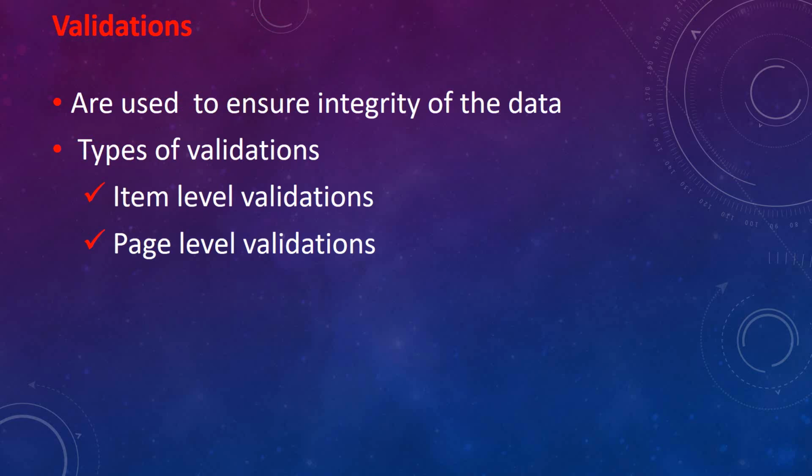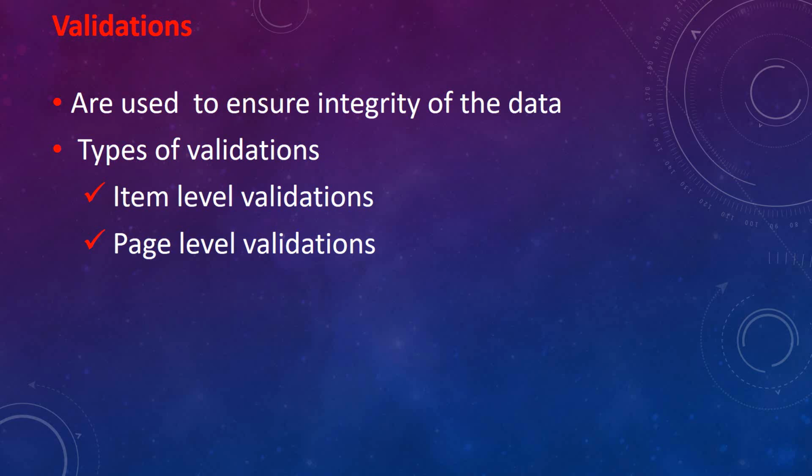So basically validations are used to ensure integrity of data. Before we save data in our application or in our database, we must perform validations so that integrity of data will be ensured.